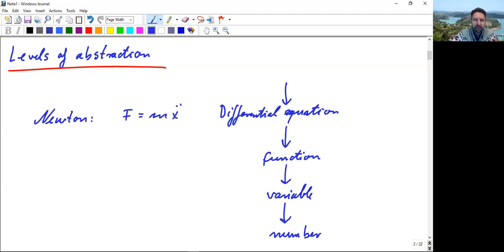So the question that Hamilton asked is, could it be that there's a higher level of abstraction from which you can then derive differential equations, from which you can get the functions, the variables, and eventually the number value predictions for experimental outcomes? And the answer is yes. And let's call it Hamilton's principle.